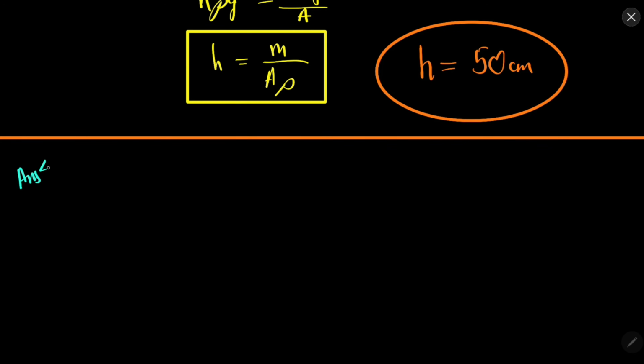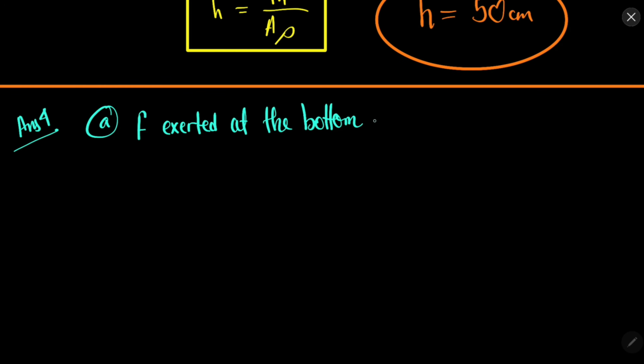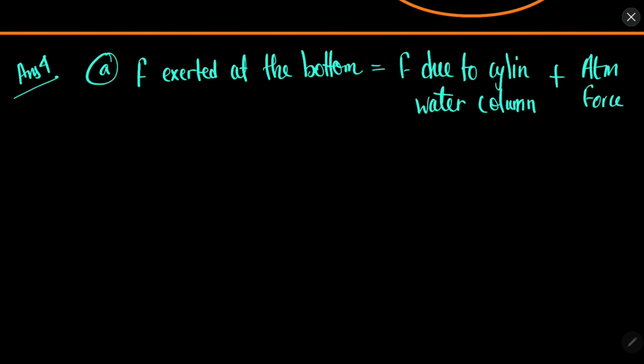So the fourth one, the first part: the force exerted at the bottom will be equal to the force due to the cylindrical water column plus the atmospheric force. So there are two forces.